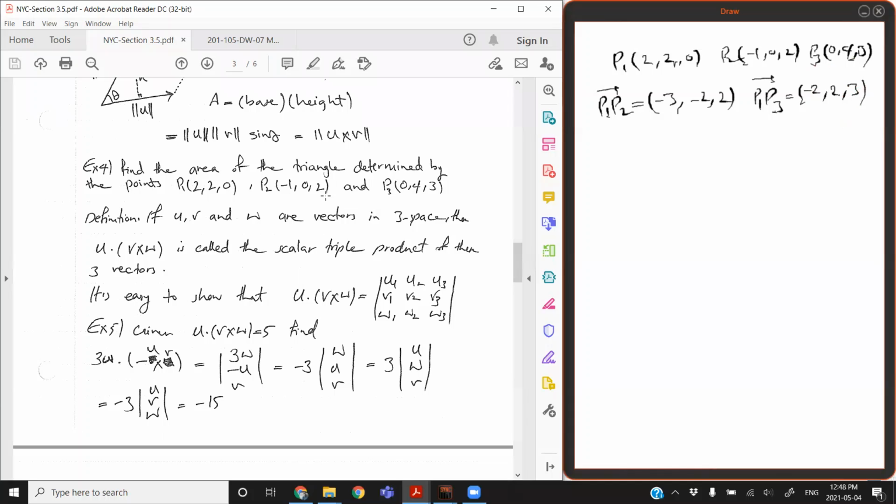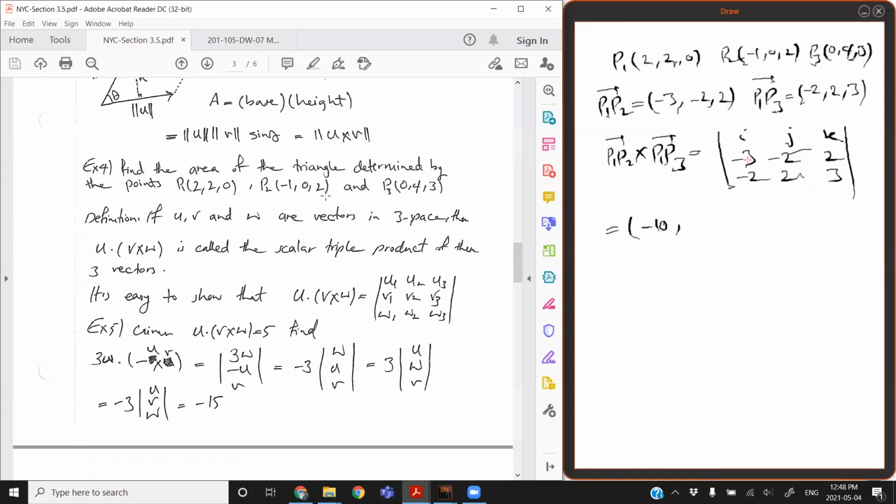Okay, now in order to find the cross product, P1, P2 cross P1, P3, I'm going to use the definition with i, j, k, -3, -2, 2, -2, 2, 3. It's going to be this minor here. And the minor is going to be -6 minus 4. That's -10.